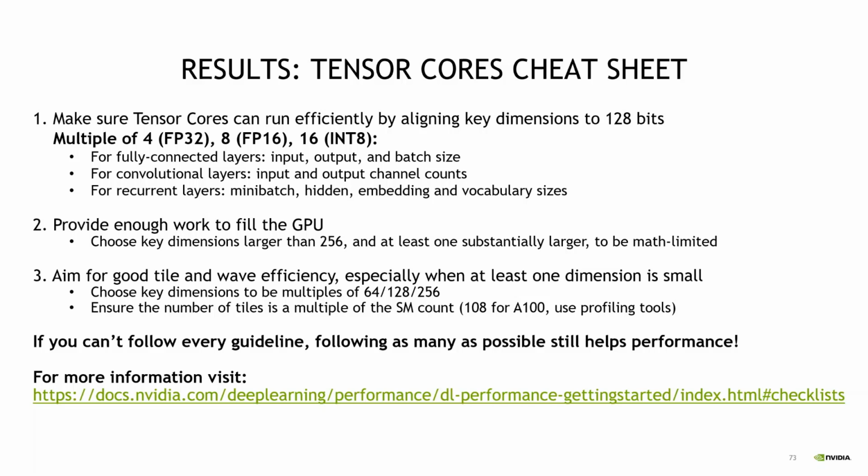You can find the SM count in a white paper or instructions for the GPU, and as we remember, A100 has 108 SMs. And it's really important: if you can't follow every guideline, following as many as possible still helps performance. For more information, just visit this site.